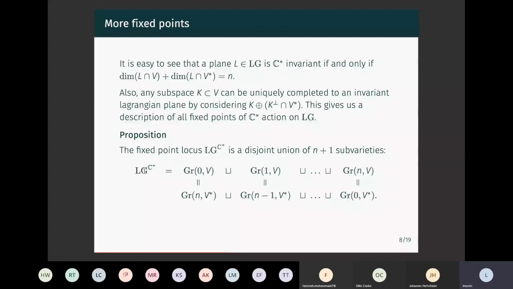The C-star fixed locus of the action on the Lagrangian Grassmannian is a disjoint union of n components, and each component can be identified either with the Grassmannian of i-planes in V or the Grassmannian of n minus i planes in V dual, which are naturally isomorphic. In particular, only two components are isolated points. The others have some higher dimension. Okay.